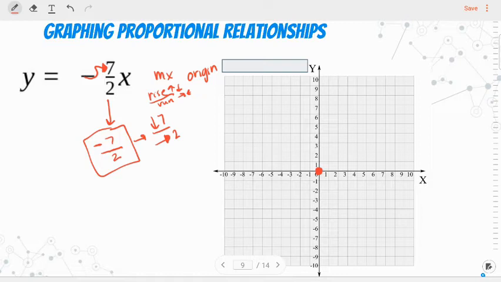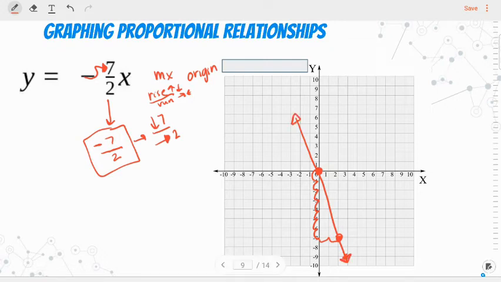So let's go to our graph. -7/2 means I'm going to count down 1, 2, 3, 4, 5, 6, 7 spaces. And from where I left off, I'm going to count to the right 1, 2, and I'm going to plot my point. I'm out of room, so I'm just going to go ahead and connect my 2 dots.